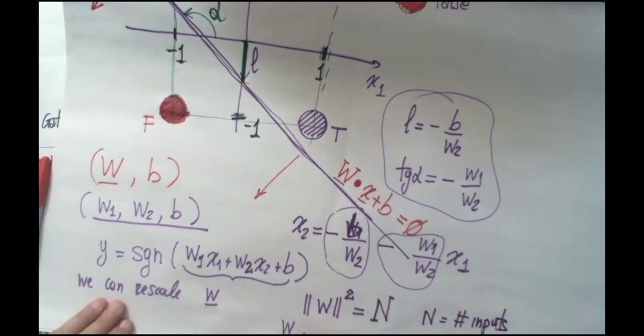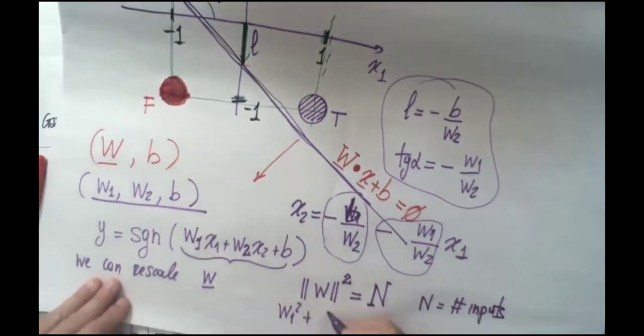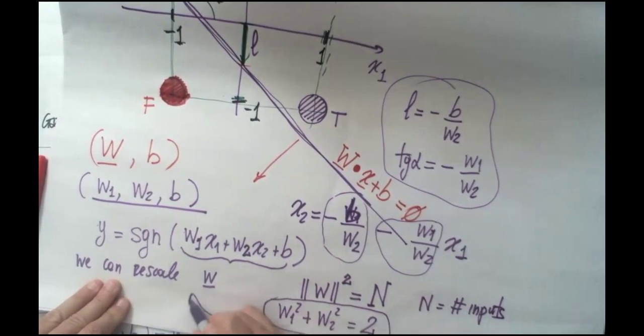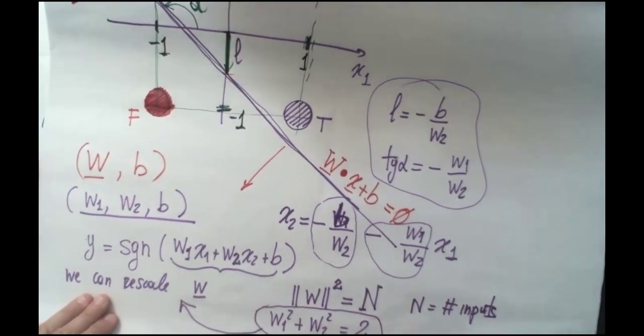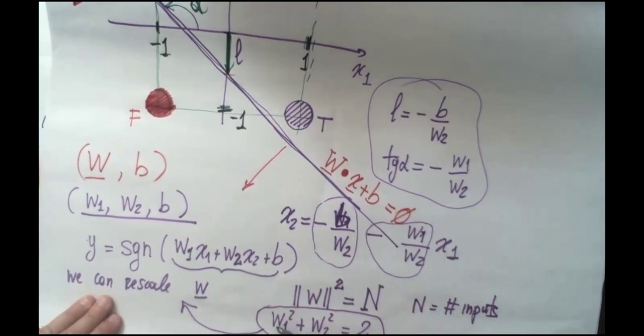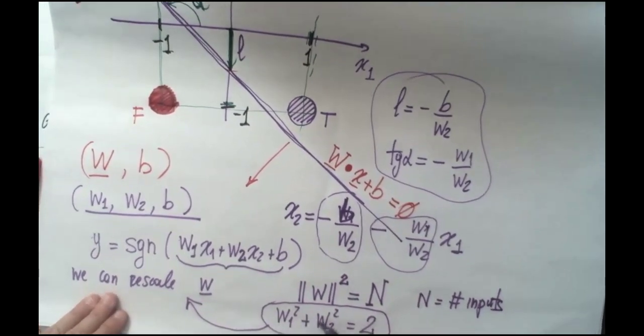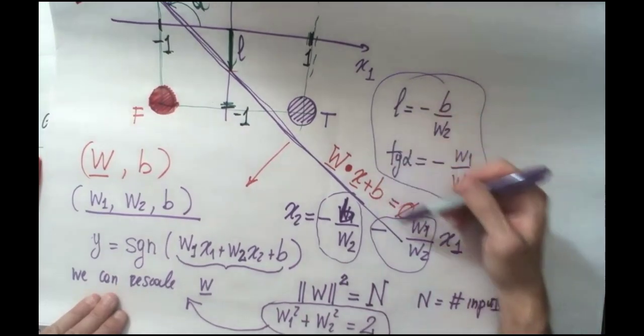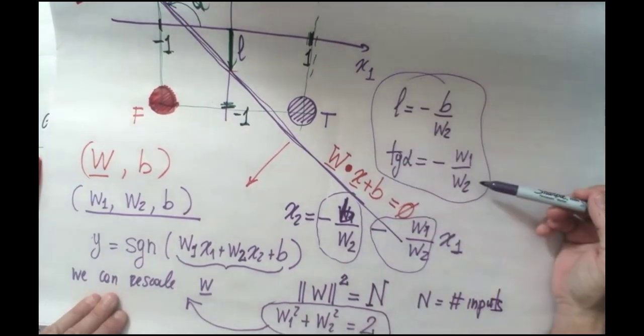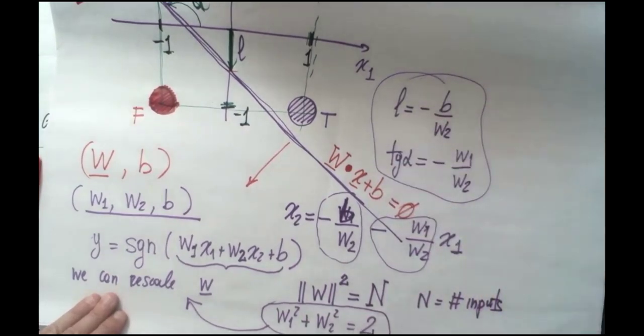In our case, it means that W1 square plus W2 square is equal to 2 for the problem at hand. Okay? This is basically the extra equation that we can use to complete the solution for the parameters B, W1 and W2.